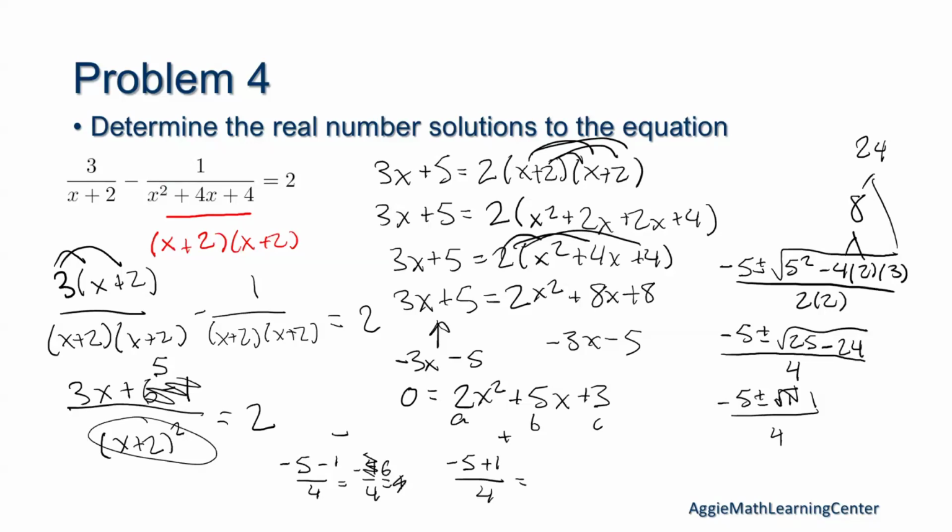That's going to give us -6 over 4, which is -3/2. This one will give us a -4. -4 over 4 equals -1. So our solutions are x equals -1 and x equals -3/2.